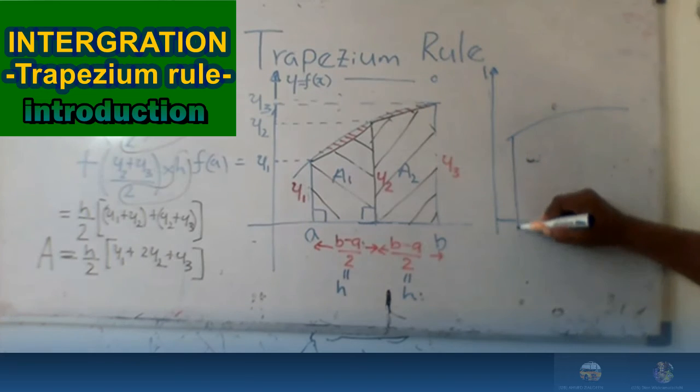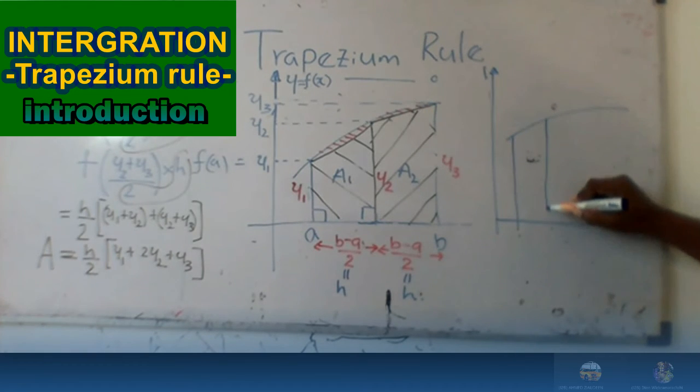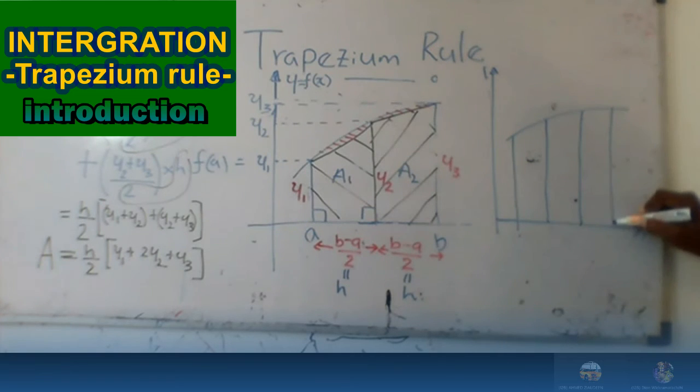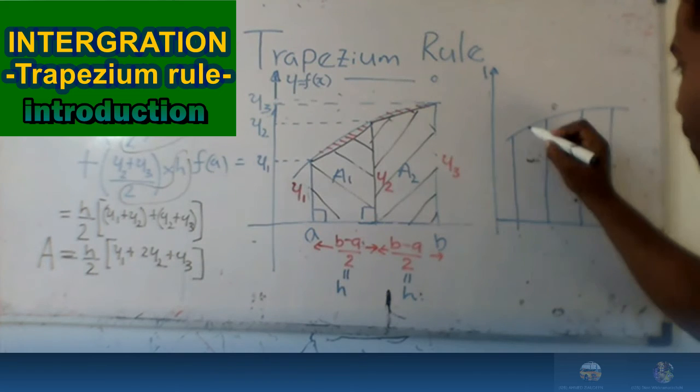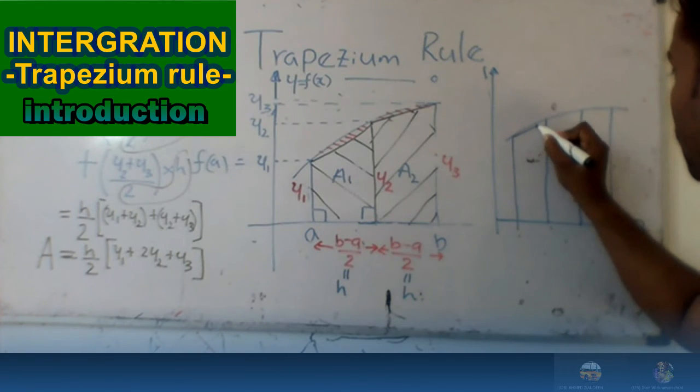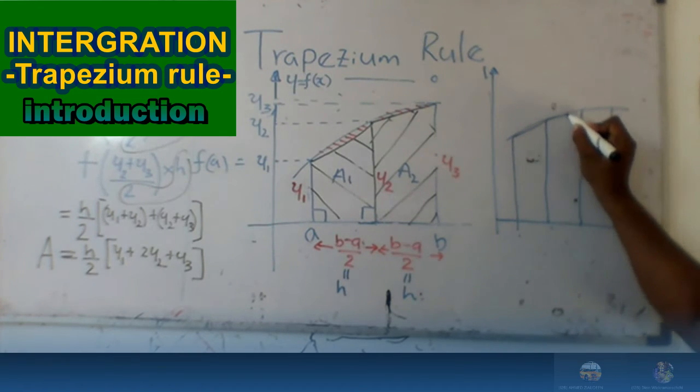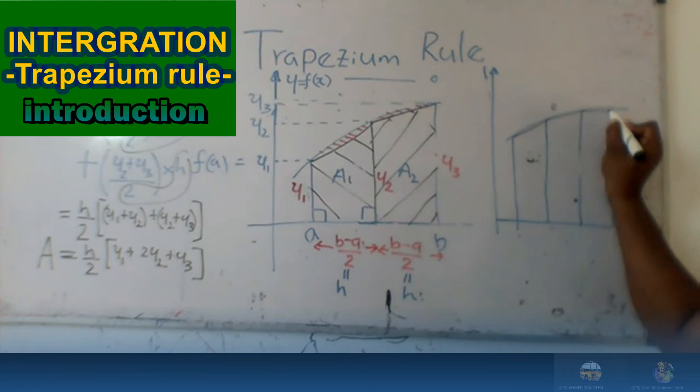Suppose we are taking three equal strips for this, right? In that case, if you complete the trapezium, you have to draw lines like this. You can see, right?